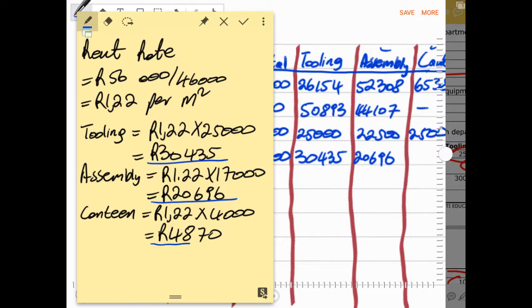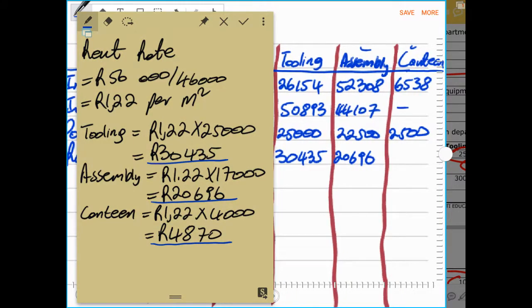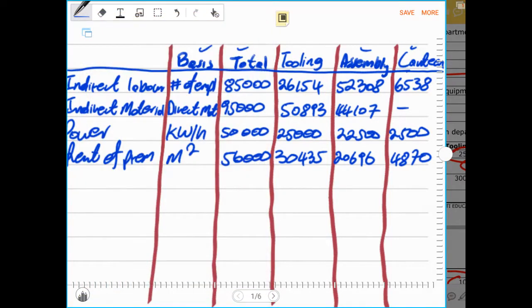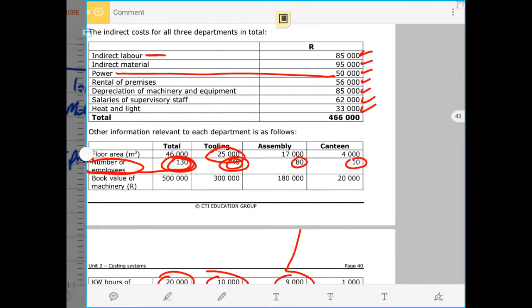And the canteen gets the allocation of 4,870. Then now we have allocated this overhead, and we can go to the next overhead.